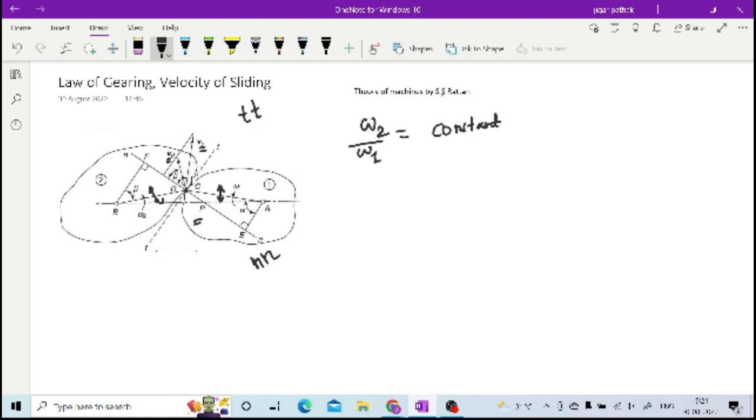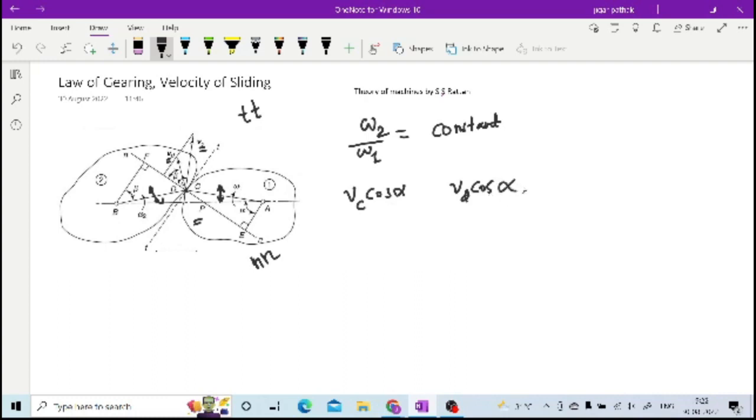Now you have both velocities VC and VD, along with the angles they make to the common normal. The velocity of C along the common normal is VC cos alpha, and in the case of D, it is VD cos alpha.